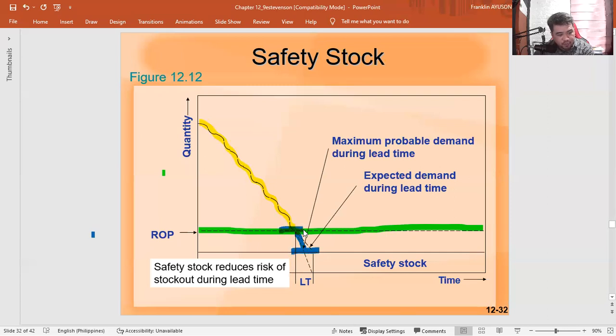Okay, so from reorder point, hanggang dumating yung ating order, bababa pa siya doon sa level na to. Yan, kasi syempre, may mga demand pa no? So assuming let's say 1 week, bumaba pa yung demand natin. So now, this is what we expect demand during the lead time.